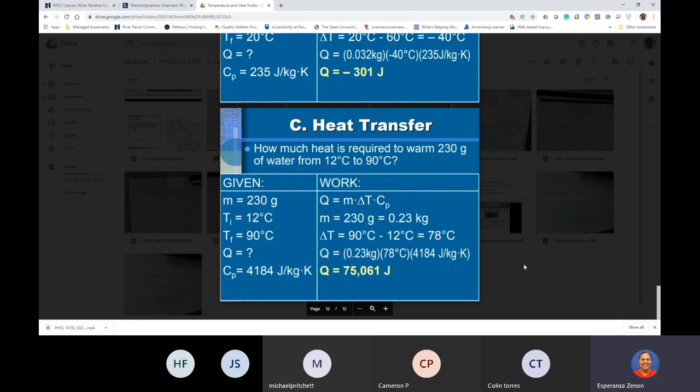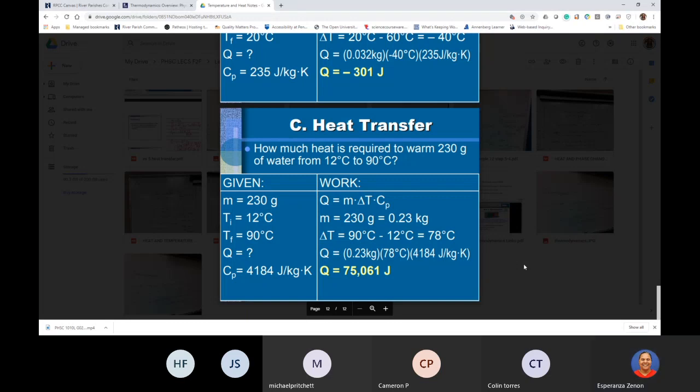The kilograms cancel, and we're canceling degrees Celsius here and Kelvin because technically they're equivalent. 78 degrees Celsius temperature difference is equivalent to 78 Kelvin temperature difference. So the Kelvin cancels out with the Celsius in this case because they're actually equal.